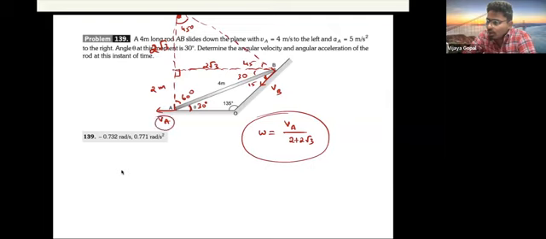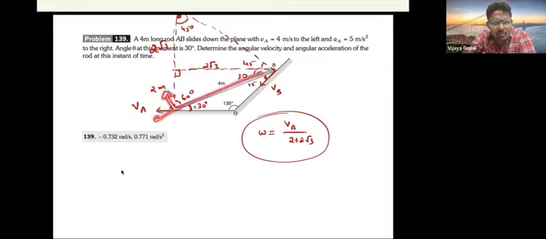So this VA I already got. Now the constraint here I'll be using to find VB. I guess it seems easy, because you just resolve this velocity perpendicular to the rod and divide by this length.